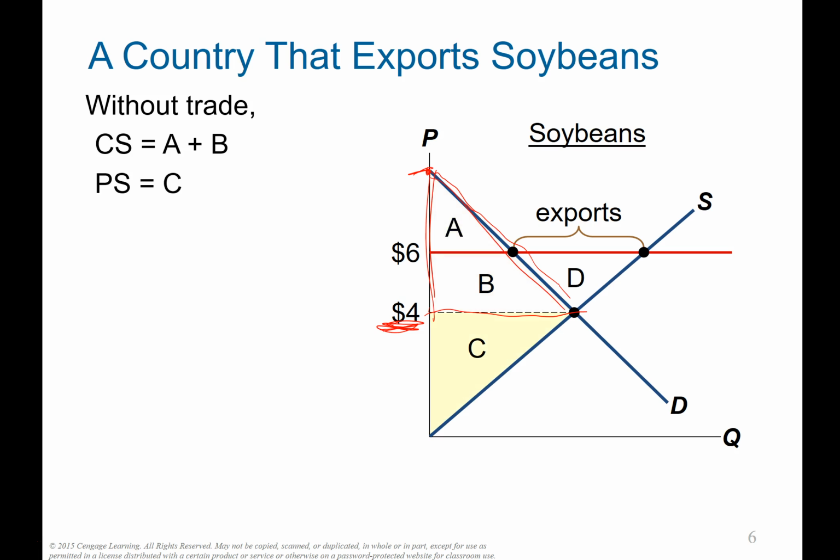Now, the producer surplus before trade, again at this domestic production level, is C, and the difference there is between what the producers actually sell it for and what they would be willing to sell it for. So this area right here, this triangle represented by C, would be the producer surplus. An easy trick for remembering consumer and producer surplus is consumer surplus touches the demand curve, right?